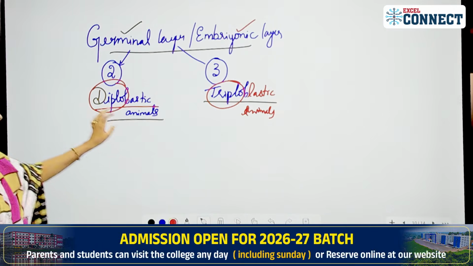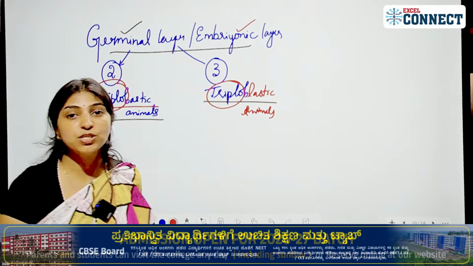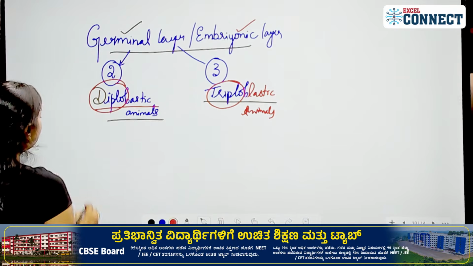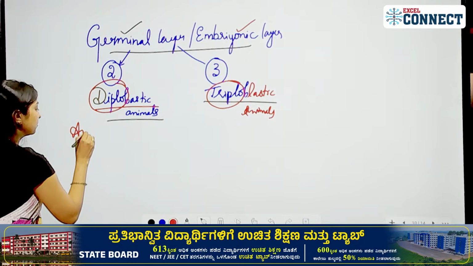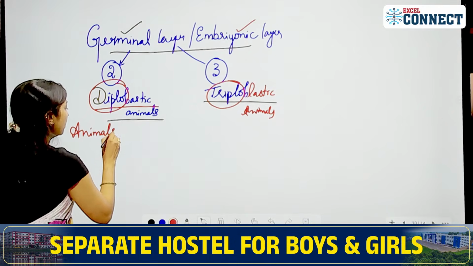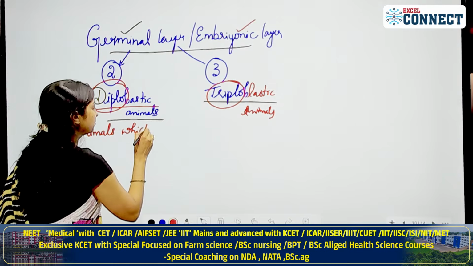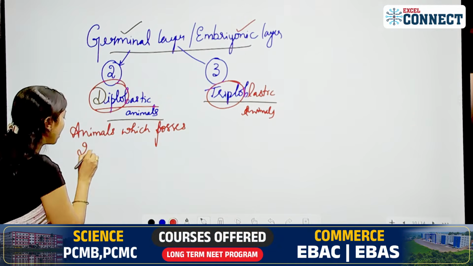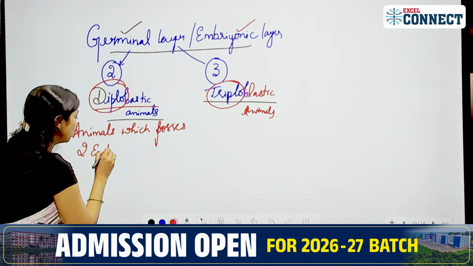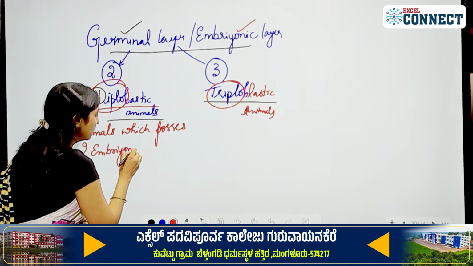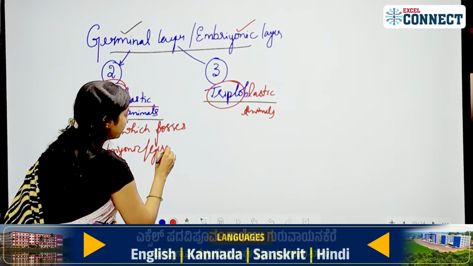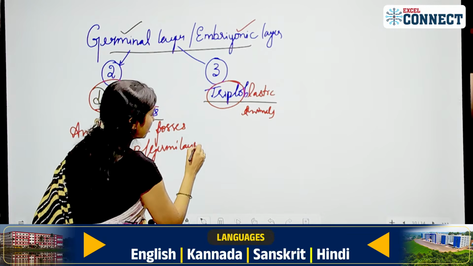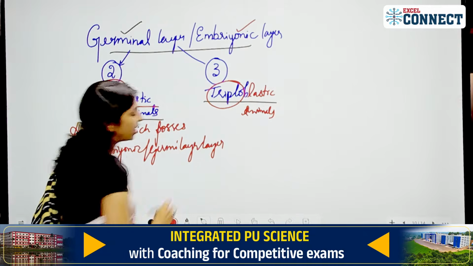Now here, what are diploblastic animals? As you already know, the animals which possess how many germinal layers? 2 germinal or embryonic layers. Now the question is, which are those 2 layers?